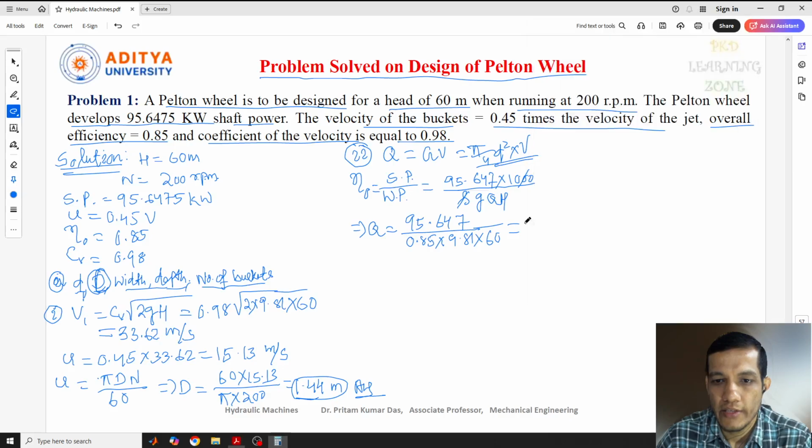So the discharge we got is 0.191 meter cube per second. This much discharge is there.